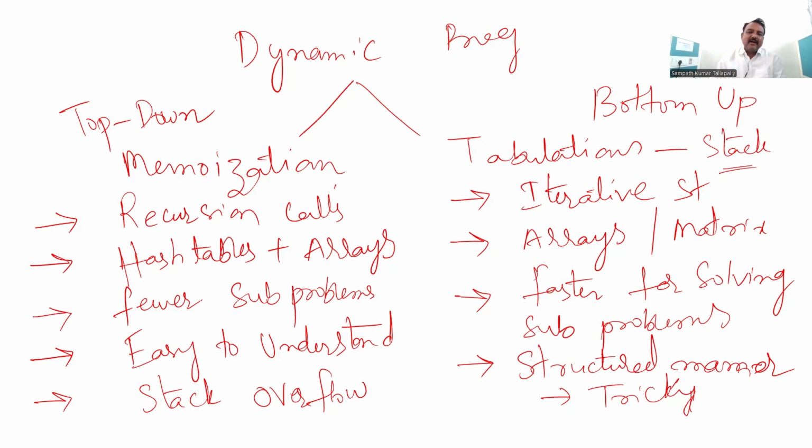It means that the execution of my program is faster when compared to memoization if it is the tabulation method. Okay, so that's all about the different techniques we can have in dynamic programming.